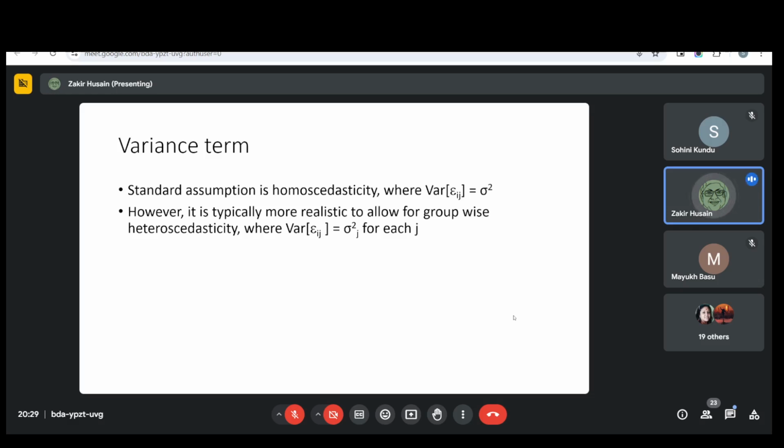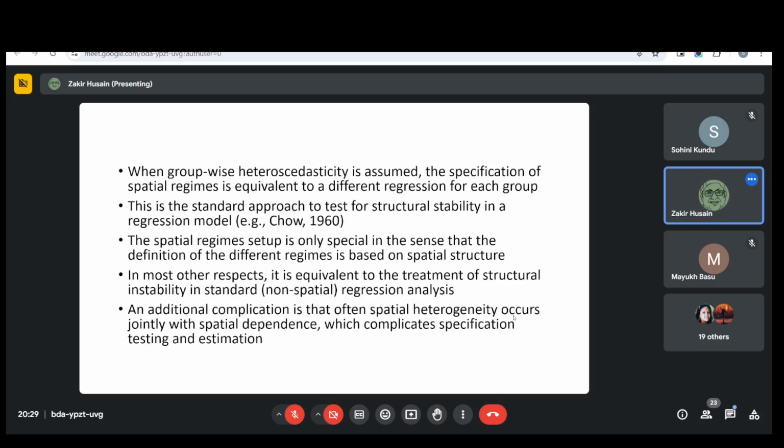So if you have 6 regimes, you will have 6 sigma squares. The variance will be, let us say, 2.1 for the first regime, 3.2 for another regime, and so on. This is called group-wise heteroscedasticity. And when we have group-wise heteroscedasticity, it basically implies you have different regressions for each group.